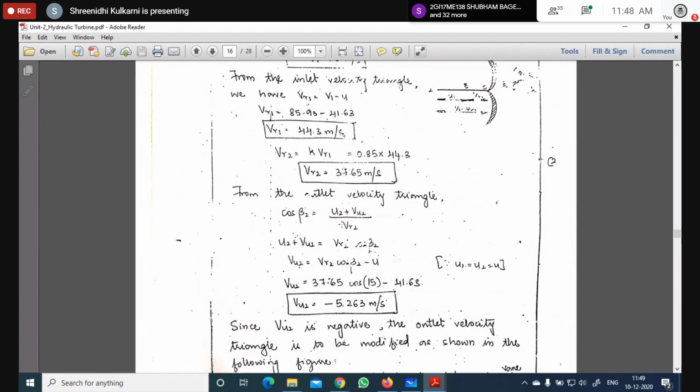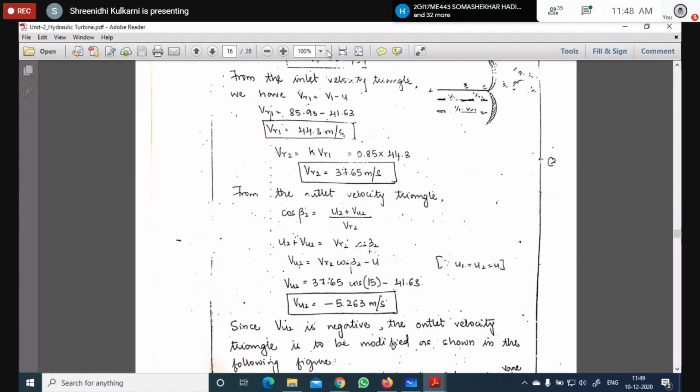Already we know VR1, so find out VR2. Yes sir, 37.65.